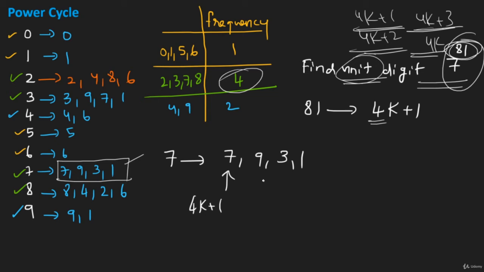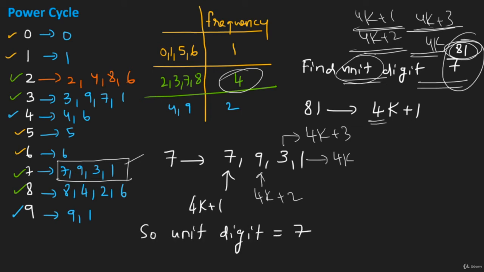If it is of the form 4k plus 2, your answer would be 9. If it's of the form 4k plus 3, your answer will be 3. And if it's of the form 4k plus 4, which is the same as 4k, your answer would be 1. Now we have seen that 81 is of the form 4k plus 1. Therefore, the unit digit of 7 to the power 81 is equal to 7.